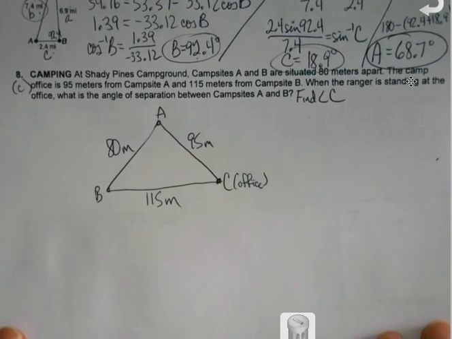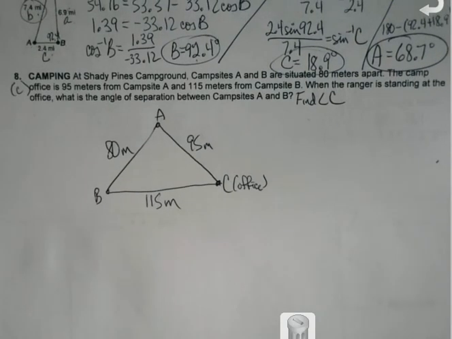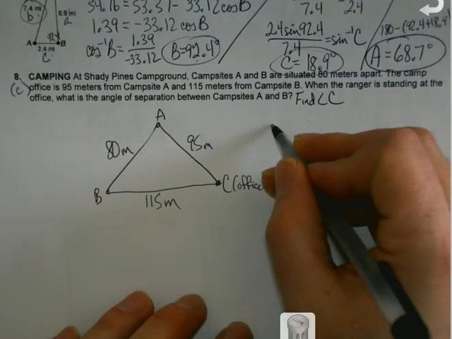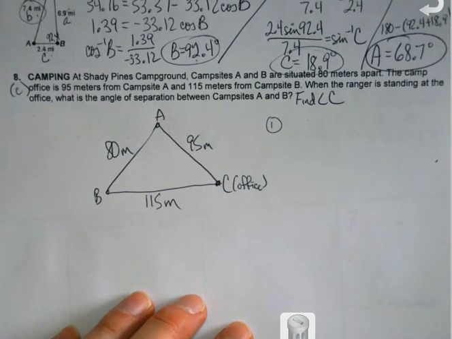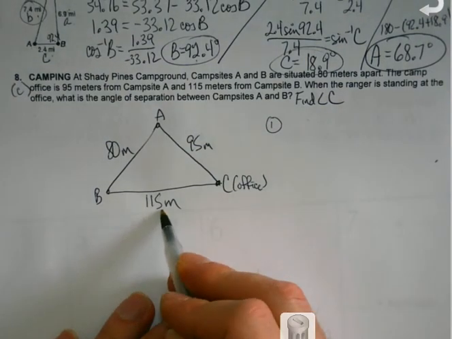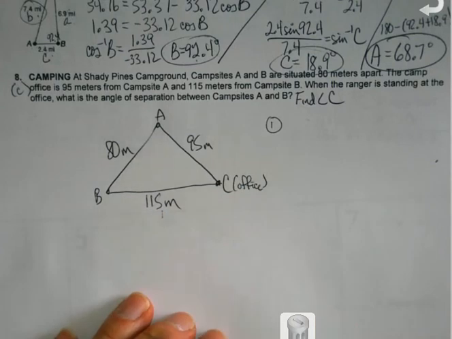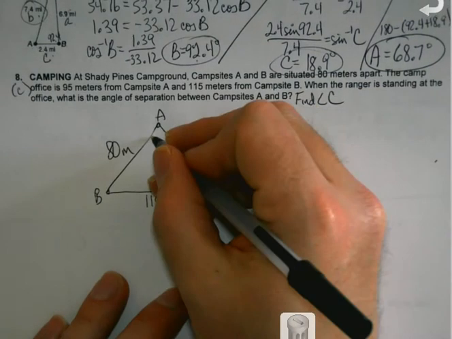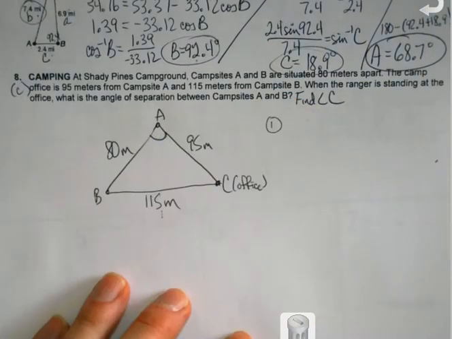So, let's see what we've got here. Which angle are we going to be locating? The biggest side, when we're starting with the law of cosines with three sides. So we're going to be finding this one.